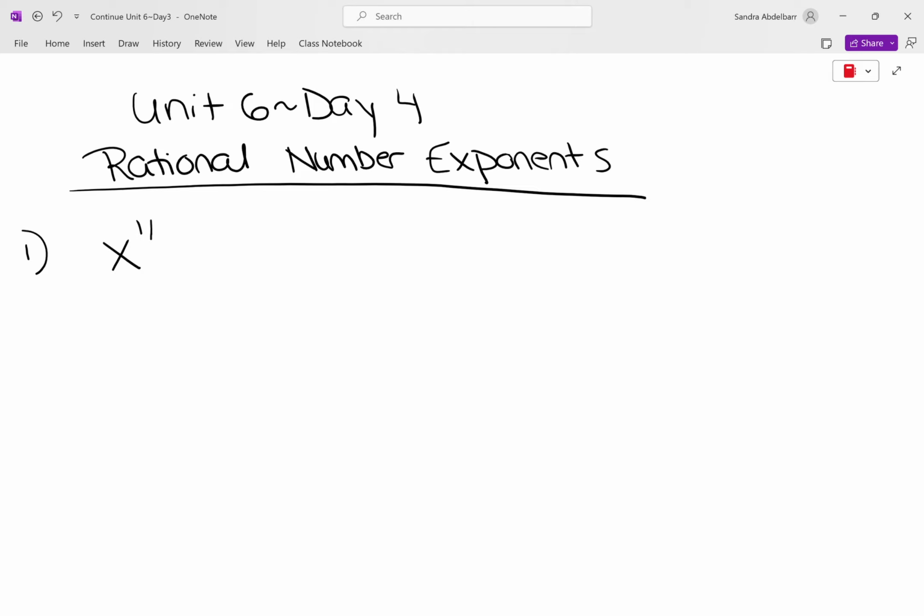Okay, let's say I have x to the half power times x to the half power. What are the rules for multiplying variables? You keep your base and do what? Add the exponents, right? So I'm going to keep my base of x, and when I add my exponents, what's a half plus a half? 1 whole, right?